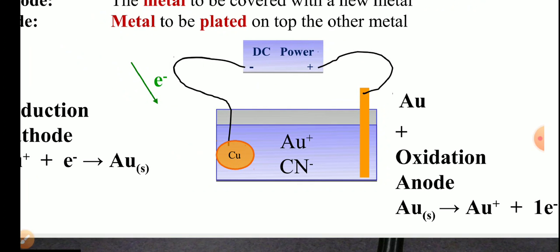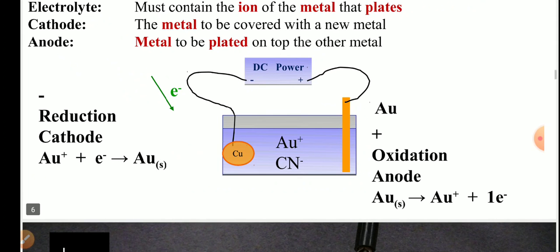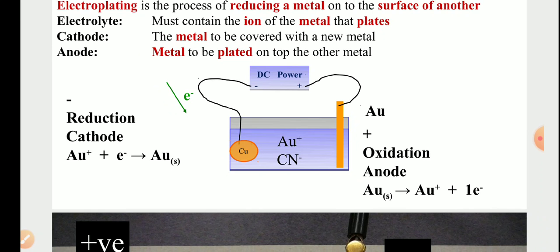auric chloride, AuCl3 salt. Here, when the electrolysis is started, the Au+ or gold cation will come to the copper and be deposited as Au. At the anode, the Au metal leaves its electrons on the anode and comes to the solution as a cation.